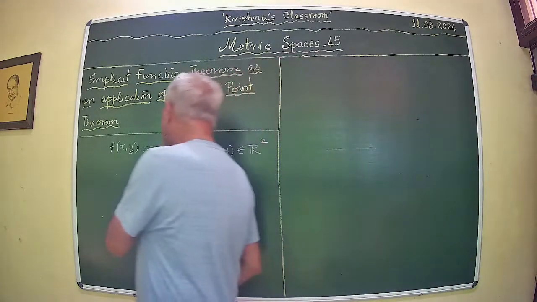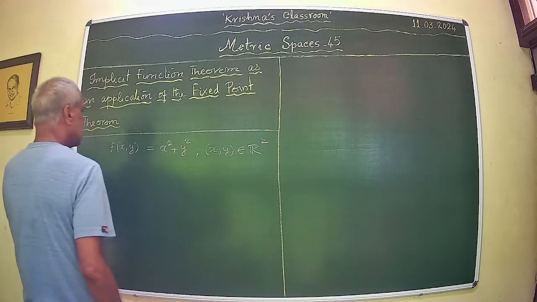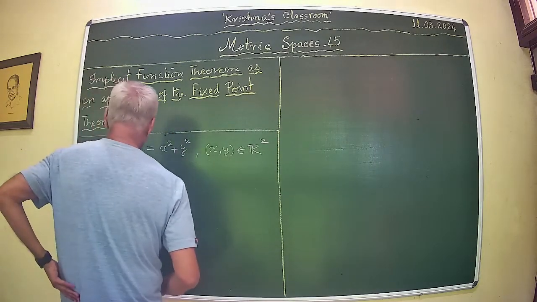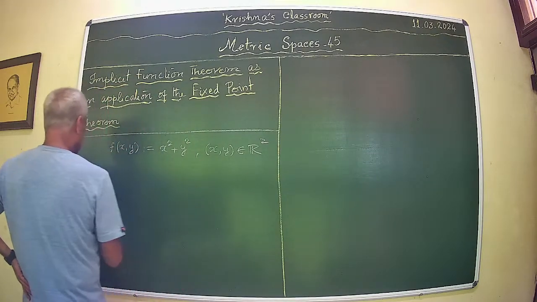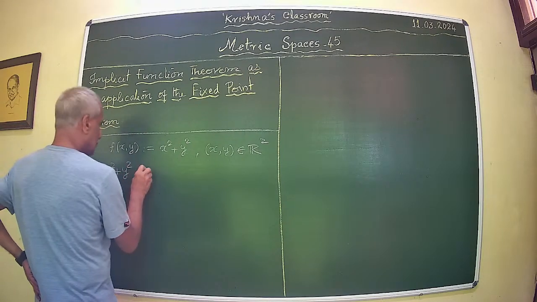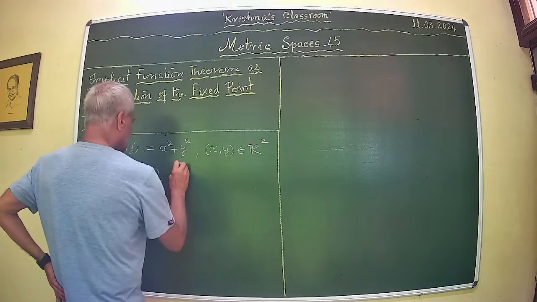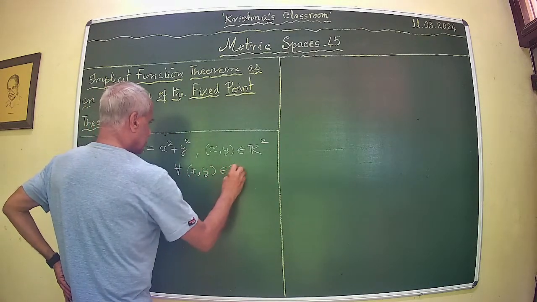Okay. So what is this? Now you see that x square plus y square is greater than or equal to 0 for every x, y.